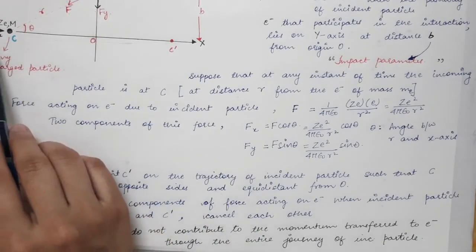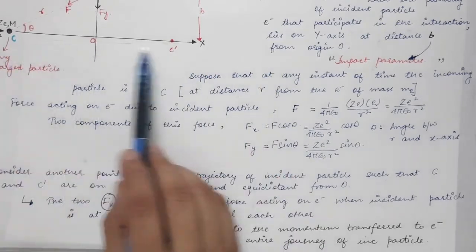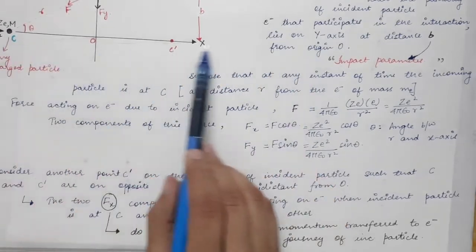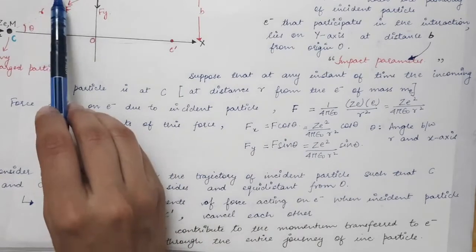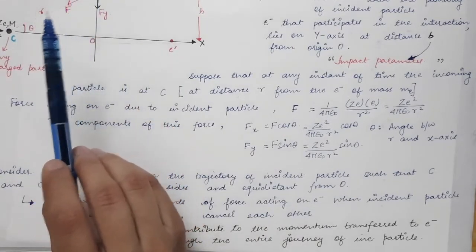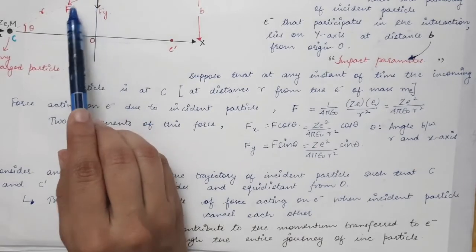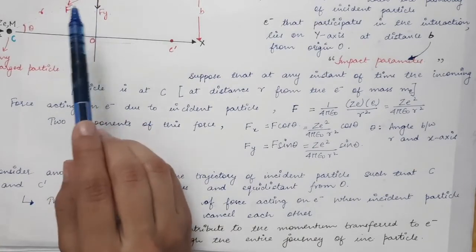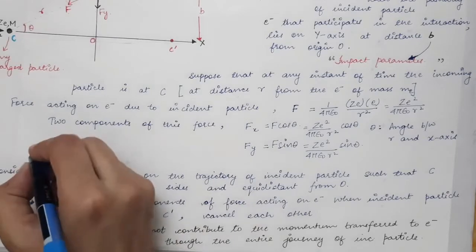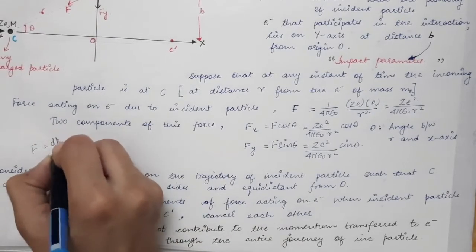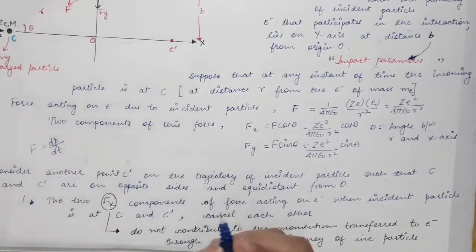So as the incident particle traverses the whole trajectory through the medium, the x component of the force will not contribute to the momentum of the orbital electron, because it is only due to the force that momentum is imparted. As you know, force is equal to dp by dt according to Newton's second law.